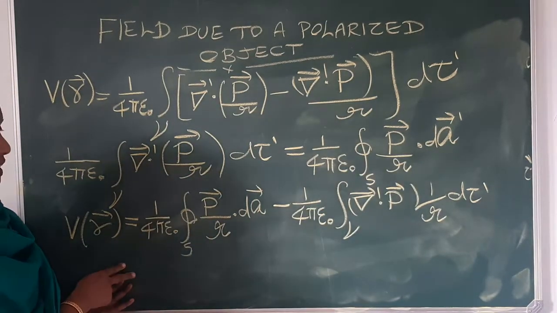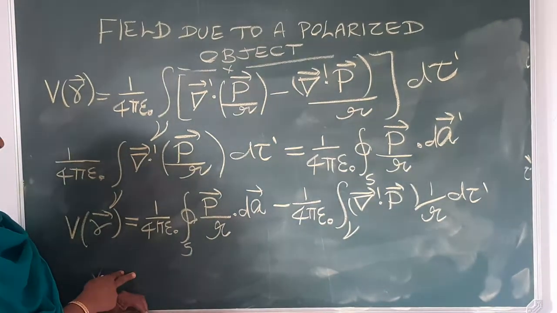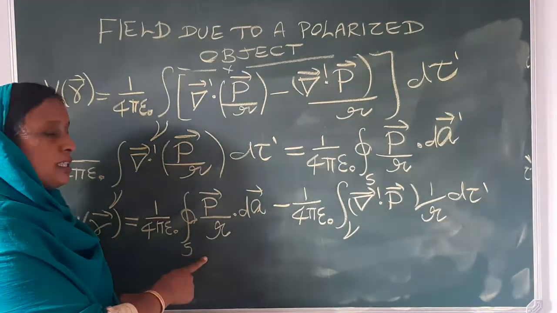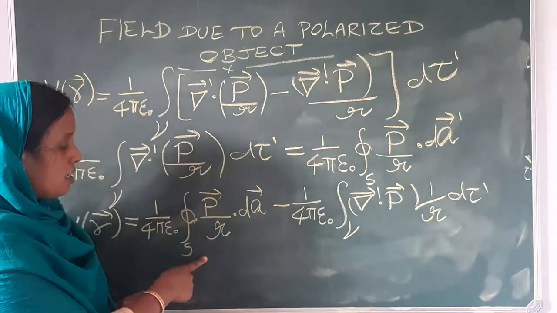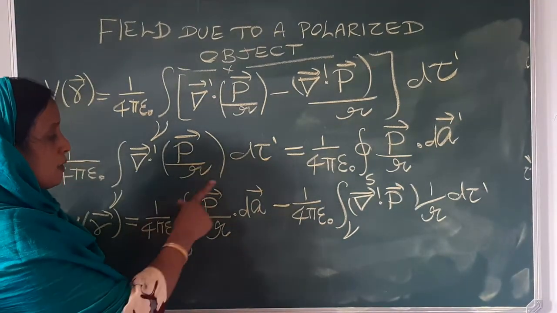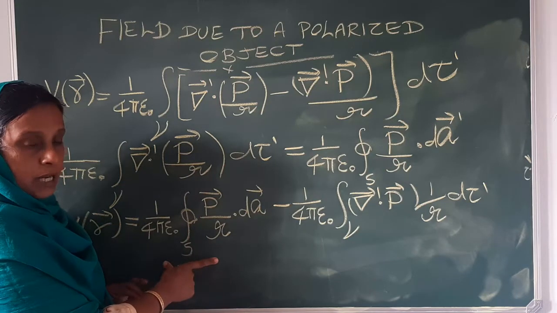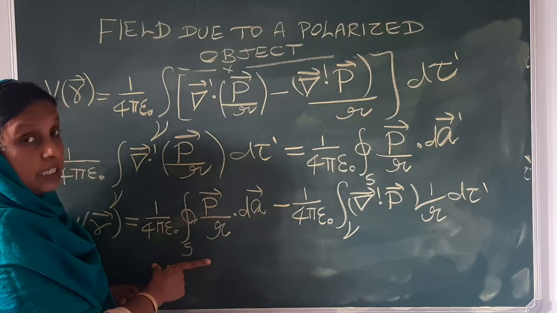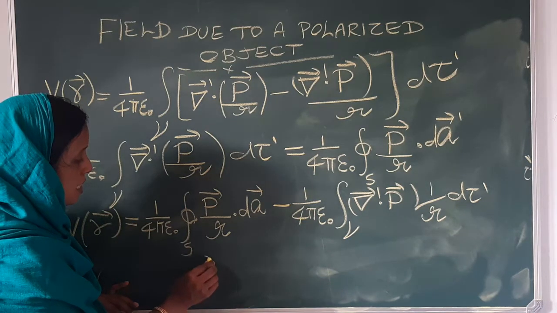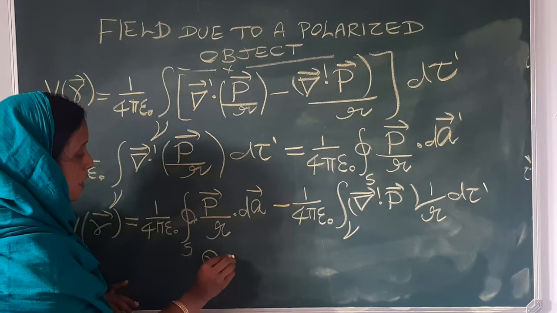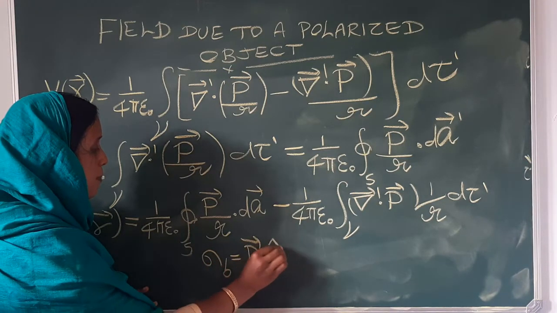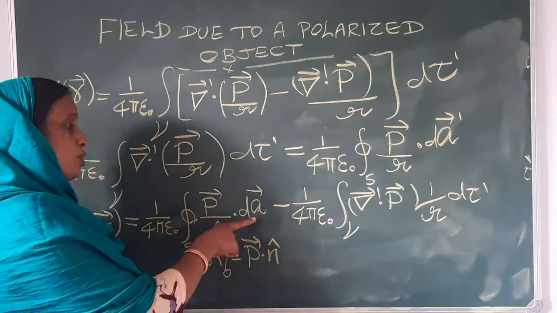Okay, from this expression we can see that this potential has two terms. In this first case there is a closed surface integral. In this closed surface integral we can see that this term looks like the potential due to a surface charge density. That means sigma b equal to polarization dot n cap, where n cap is along the direction of the area vector.